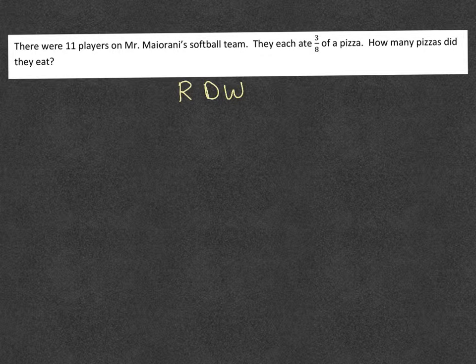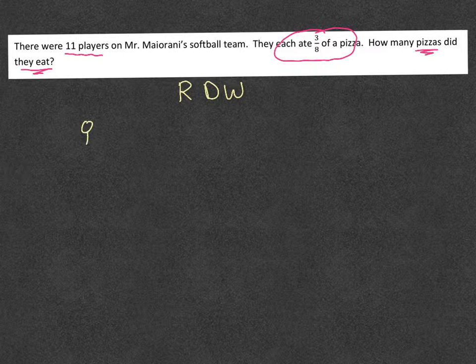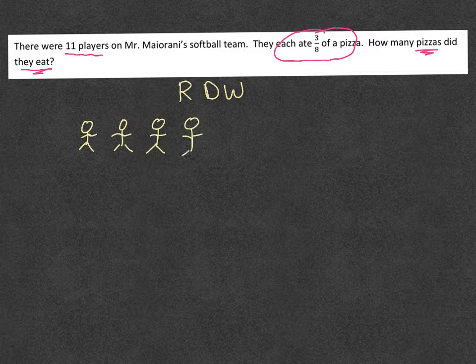So let's check this out. There were 11 players, all right, that are on this team, and they each ate 3/8 of a pizza. Now we want to know how many pizzas did they eat. All right, so now let's draw some little baseball players. And how many are we going to draw? Well, we are going to draw 11 because that's what it says, 11 players.